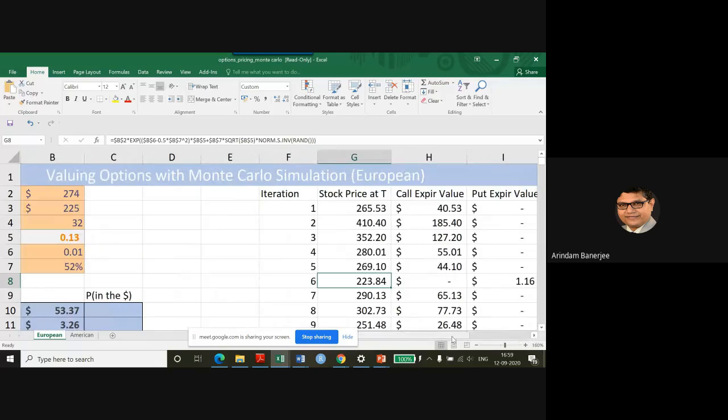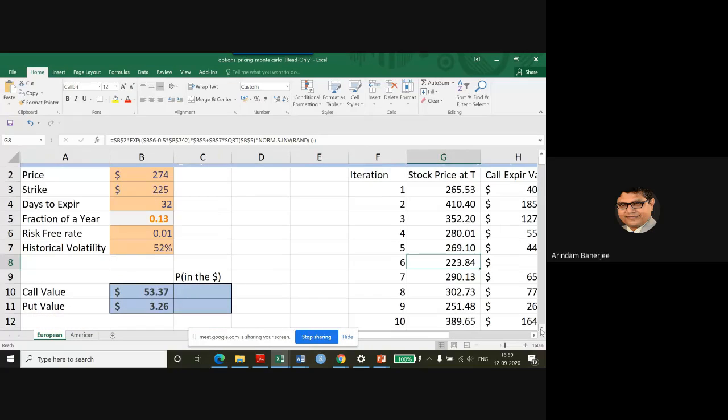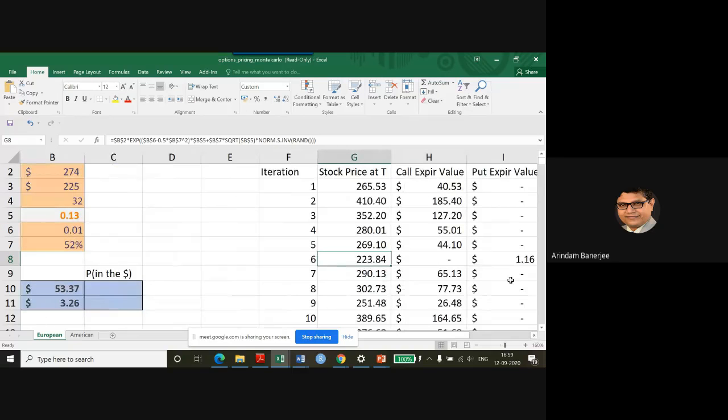Fine. Okay. So we got 5,000 out of 5,000 iterations. We got the iterations where there is a call value, and we also got iterations where there is a put value.